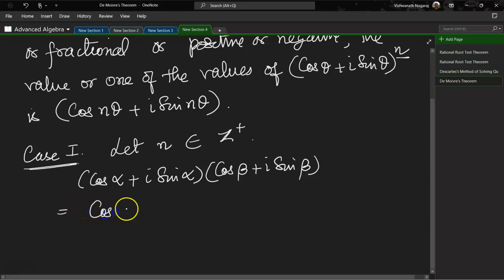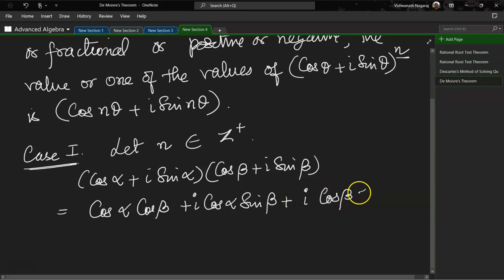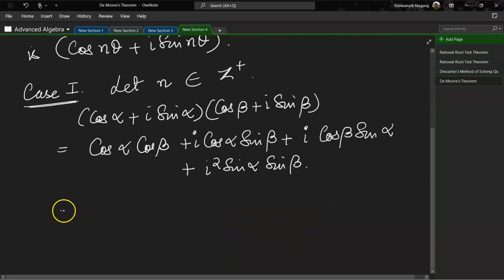Cos alpha cos beta plus i cos alpha sin beta plus i cos beta sin alpha plus i square sin alpha sin beta, right? So now what happens here? If I remove this i square, this will become minus, right? So I have cos alpha cos beta minus sin alpha sin beta, right?